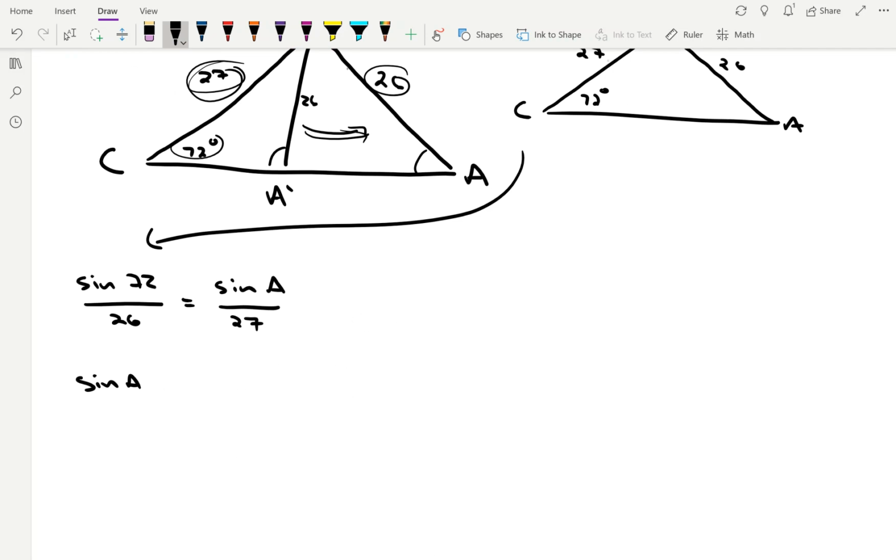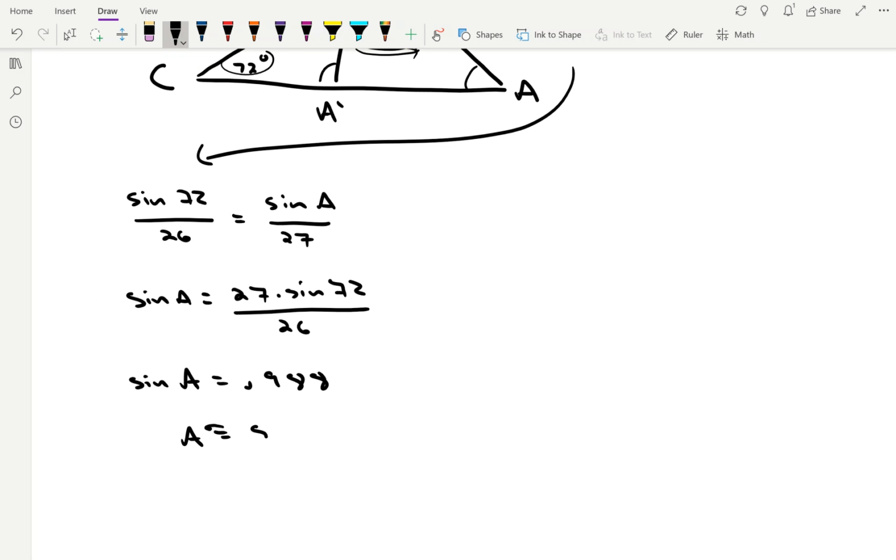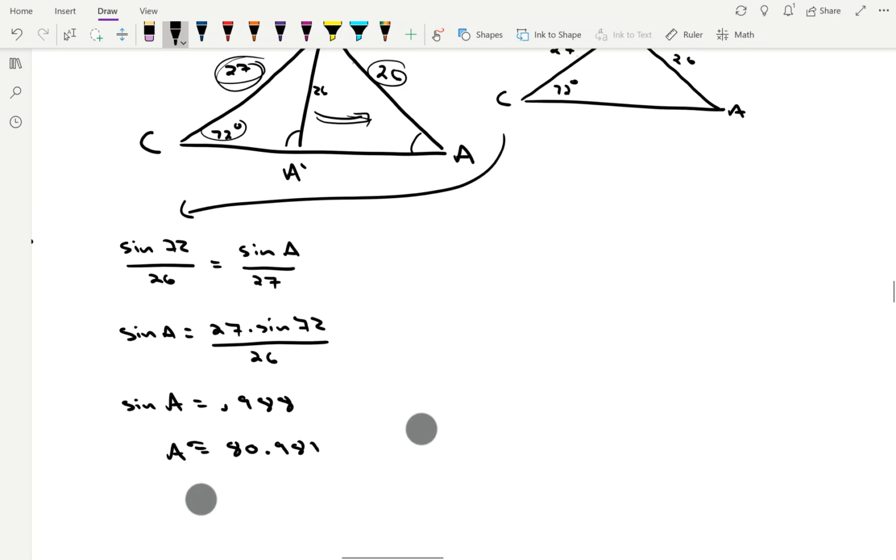So sine of big A is equal to 27 times sine of 72 divided by 26, and we get 0.988. And if you sine inverse that, second sine inverse, second answer, we get 80.981. All right, that's nice.